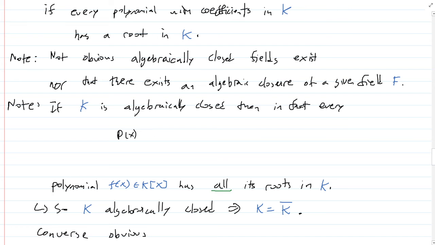And it has a root in K. So then you can factor it like x minus alpha times g of x, right? And then g of x has a root in K, so you can factor that as x minus beta times h of x. And you can keep on doing this until you get all of the roots of p of x and it splits completely. So that's how you know that if it's algebraically closed, then it has all of its roots.